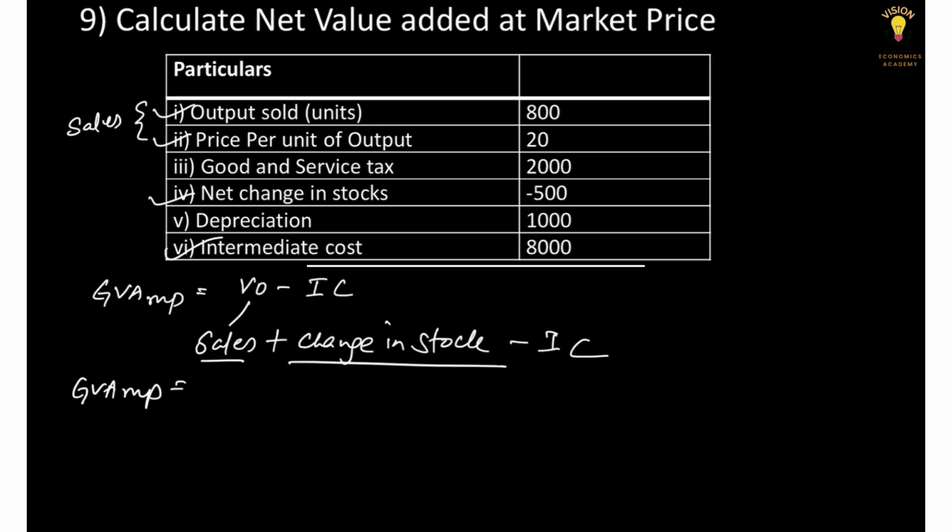So GVAMP equals sales plus change in stock minus intermediate cost. I'll directly put in the values. Sales is 800 into 20, that is price into quantity, which is 16,000, plus change in stock is minus 500, minus intermediate cost, which is 8,000.